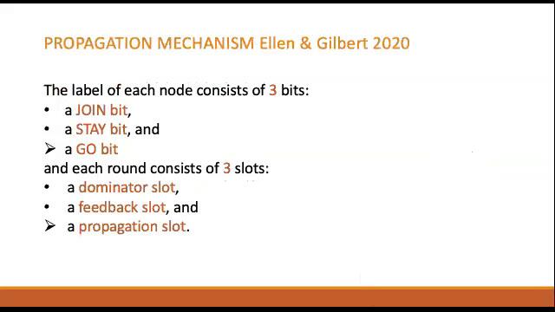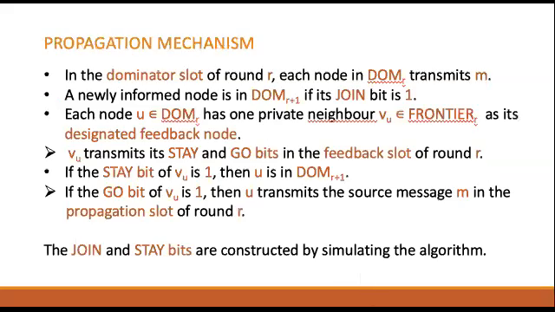To get faster algorithms, we start with the dominating set mechanism, but add one more bit and one more slot. The new bit is called the go bit, and the new slot is called the propagation slot. The propagation mechanism behaves the same as the dominating set mechanism in the dominator slot. Namely, each node in the dominating set transmits the source message.